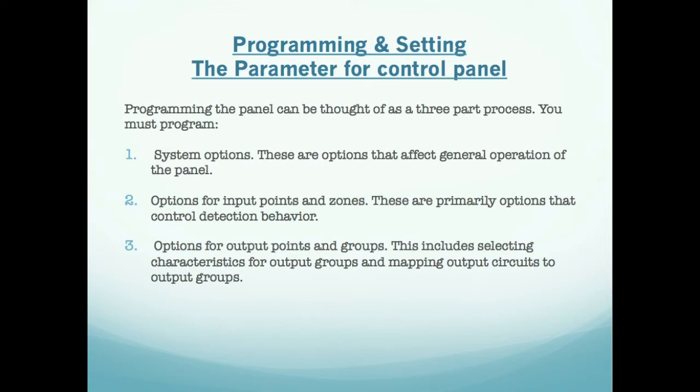These are primarily options that control detection behavior. We may also program options for output points and groups. This includes selecting characteristics for output groups and mapping output circuits to output groups.